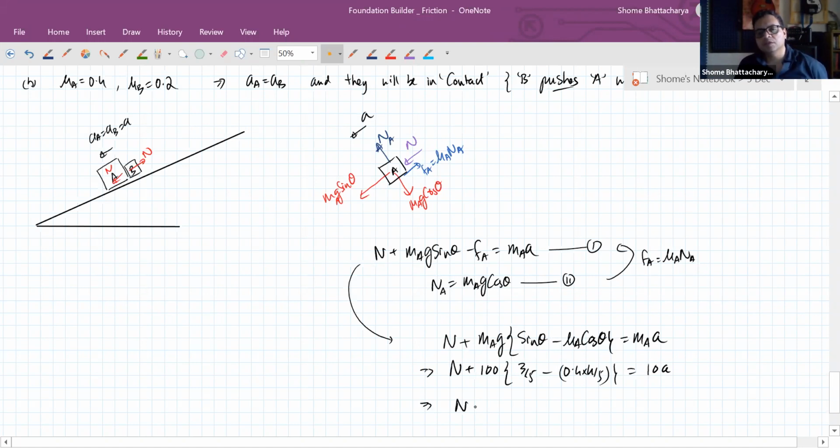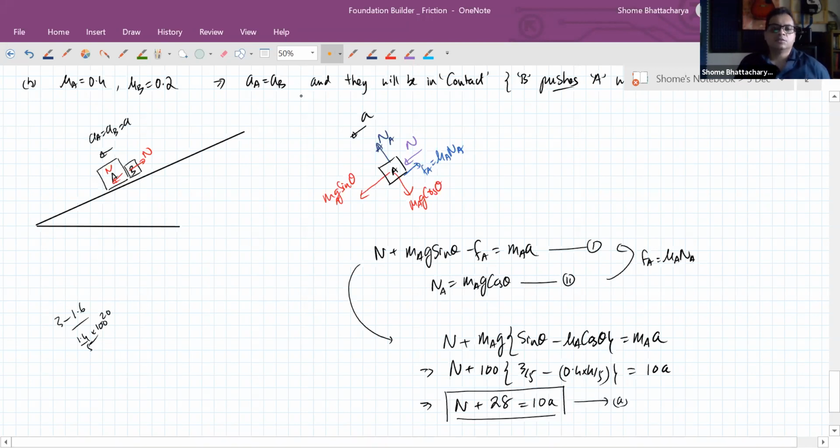So we get N plus, this will become 3 minus 1.6, right? So that is 1.4 by 5 into 100. So that will become 28. So N plus 28 is equal to 10. This is the equation that we are getting from the block A's free body diagram.